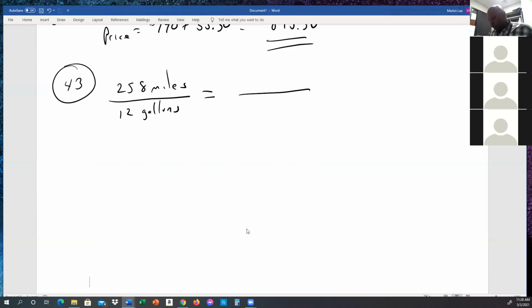So X miles we expect to travel on 1 gallon of gas. We set up these proportions. We travel 258 miles on 12 gallons. How many miles will we travel on just 1 gallon?